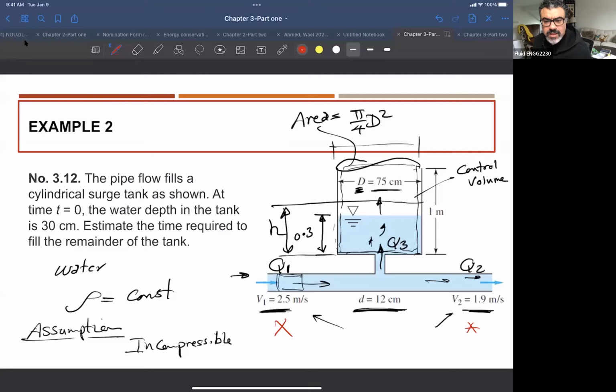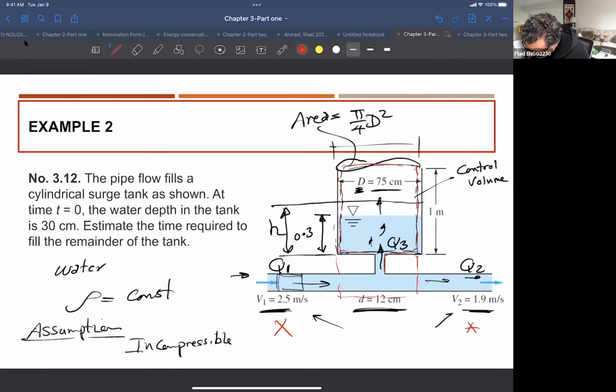The thing is, you remember that we were talking about the system that we select in our analysis. The system that we selected here, we call the control volume. This is my control volume. This control volume could be like this, could be even all up to this point.